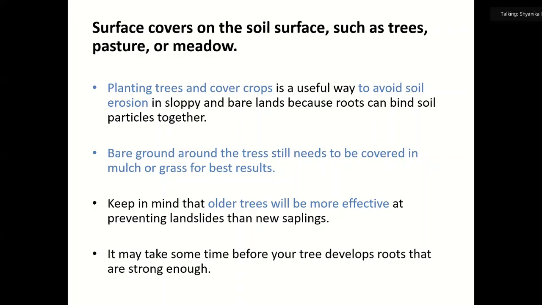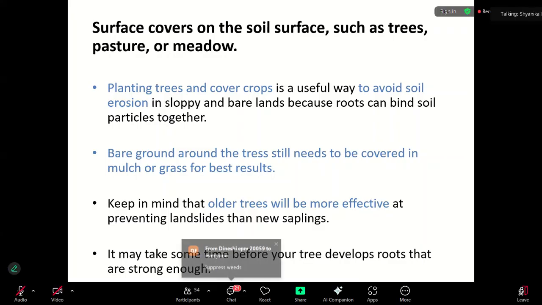Raindrops do not hit the bare ground, but hit only the surface of the cover crops. And also they have a root system. That root system binds soil particles together and reduces soil erosion.